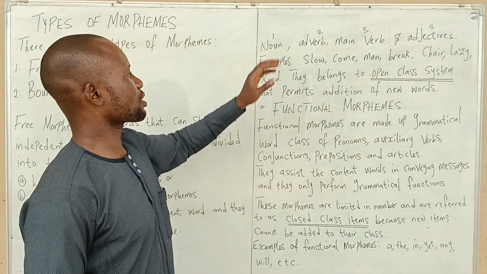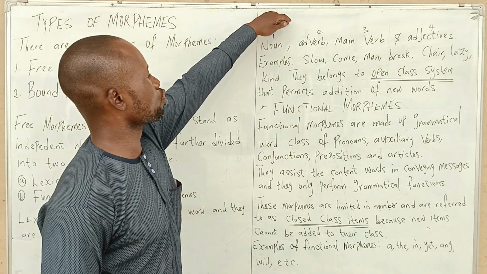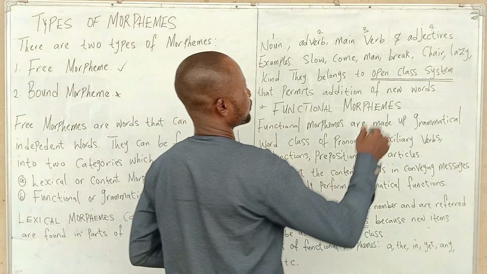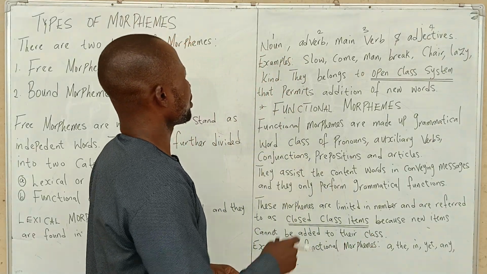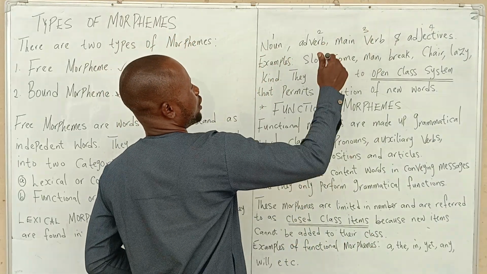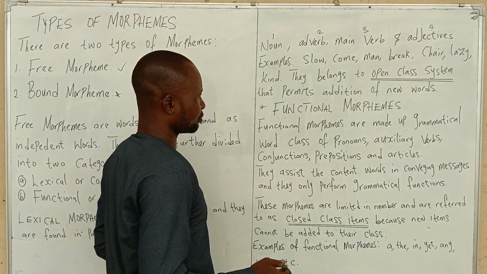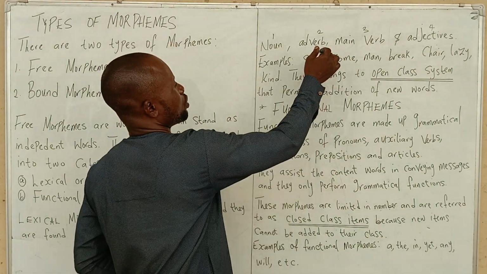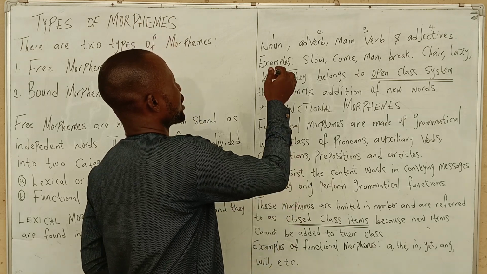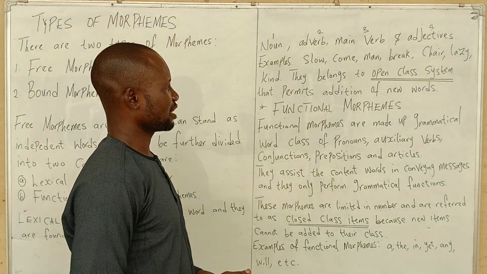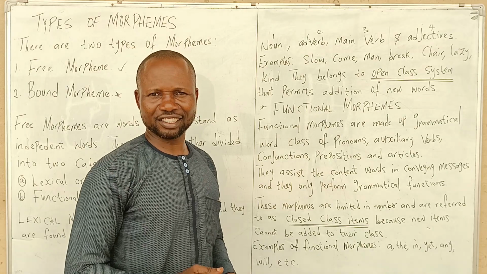Now, these words belong to this group. For example, cheer is a noun. Verb, we have come. Adverb, we have slow. Adjective, we have kind and lazy.